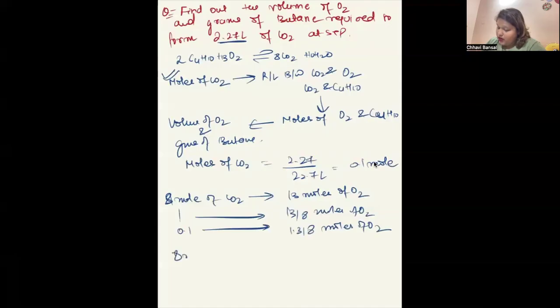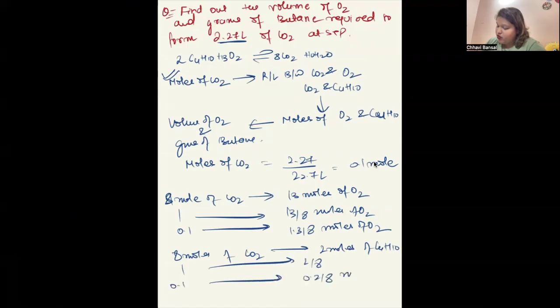Same way, 8 moles of CO2 requires 2 moles of butane. 1 will require 2 by 8, 0.1 will require 0.2 by 8 moles of C4H10, right?